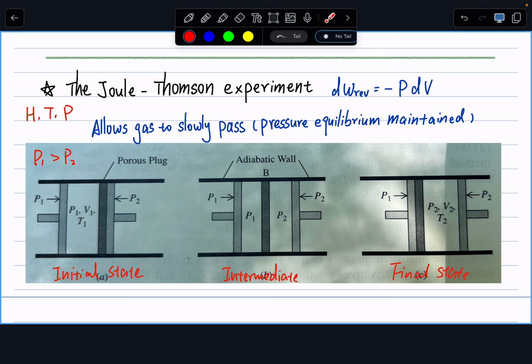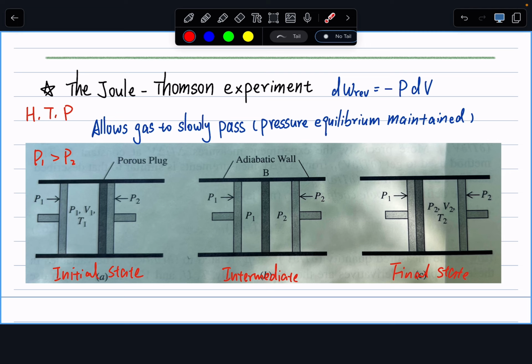And then in here, when we're talking about using the negative PdV, we have effectively two different parts of the total work. Or we can write our total work as the work on the left-hand side plus the work on the right-hand side.